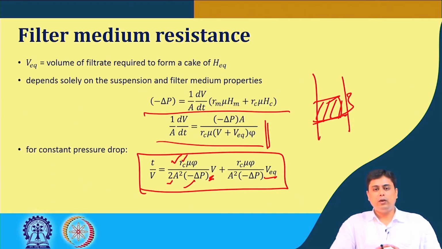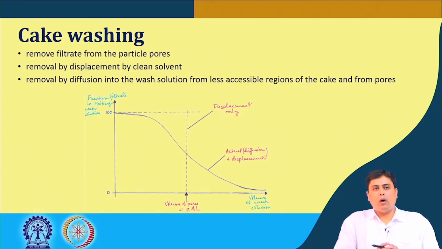That means the liquid staying with the solids has to be dried, washed, and we have to get back the solid particles. To do that, the washing process is typically done, which is called cake washing. The purpose of this is to remove the filtrate from the particle pores, and again I repeat that this is important when we try to recover the valuable solid particles that actually form the cake.